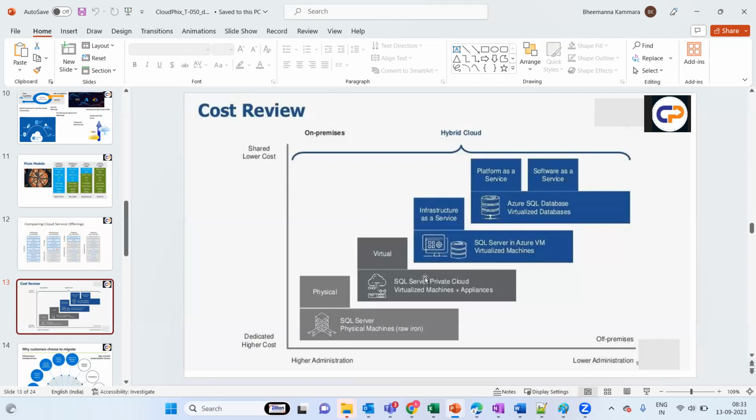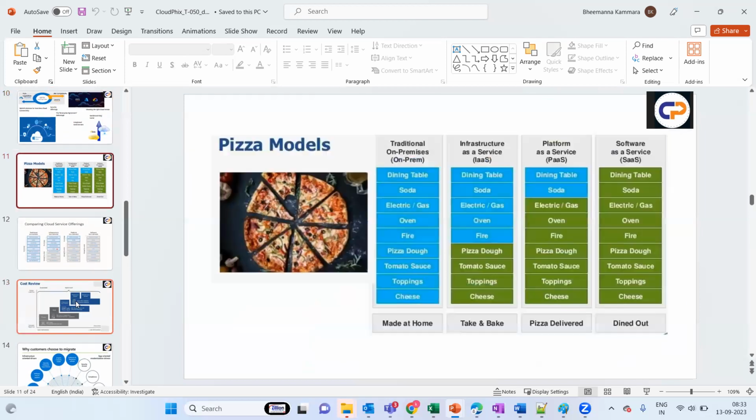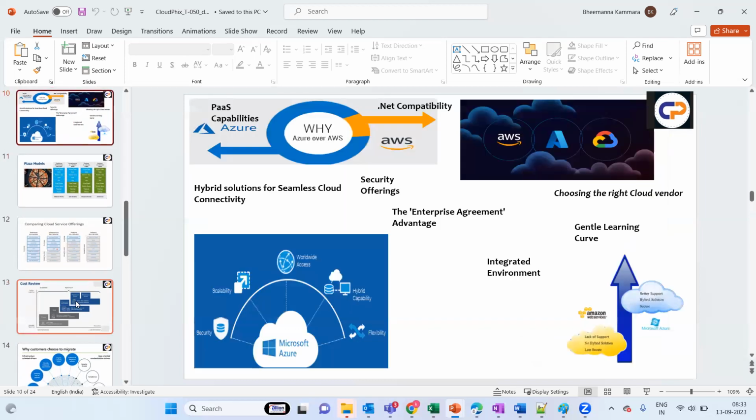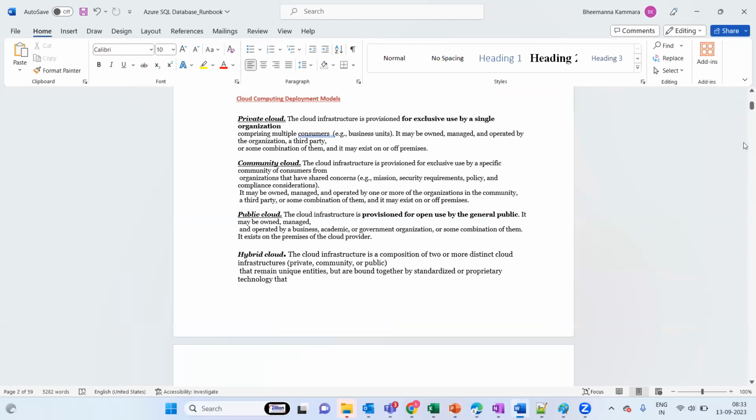This is the trend being followed. That's why enterprise customers and startup companies, instead of maintaining all this infrastructure on their own, depend on cloud vendors. That is all about the cost review and the deployment models. Any questions at this moment?